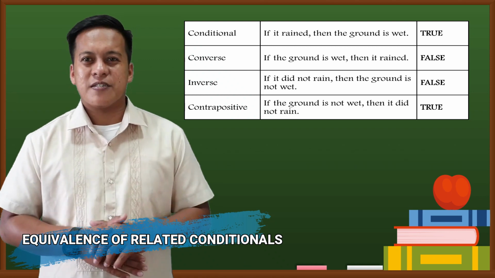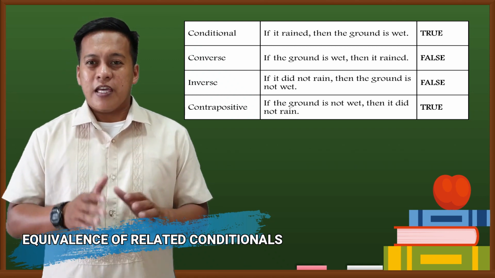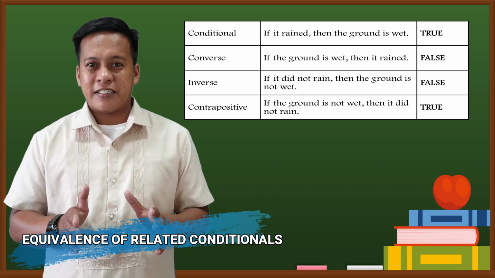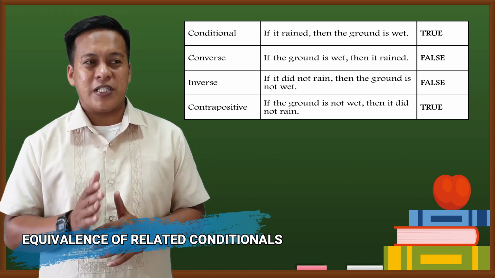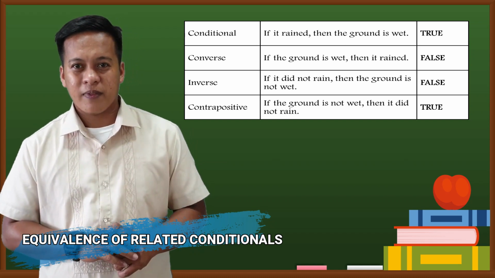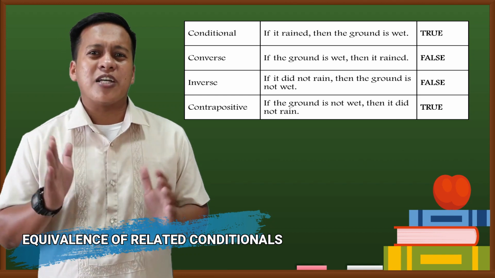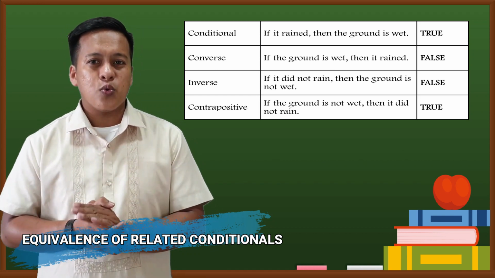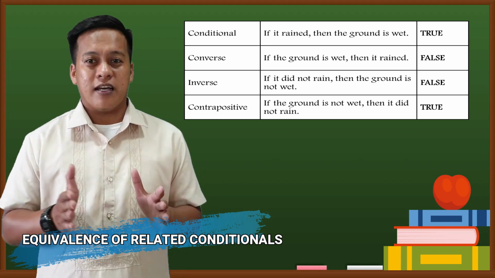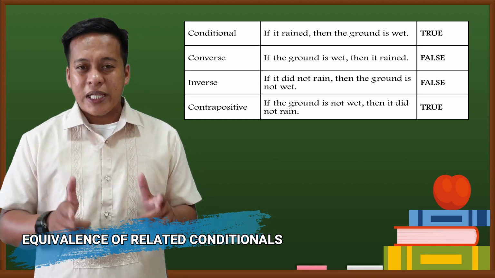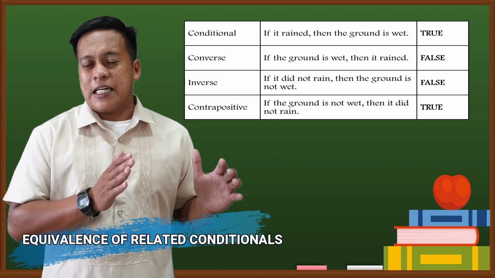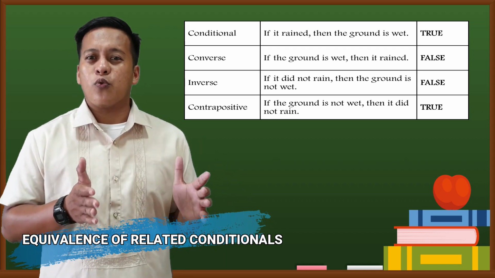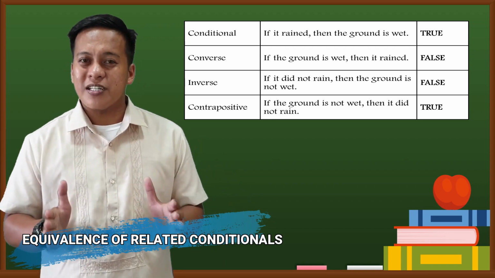For the inverse, if it did not rain, then the ground is not wet. Let us again assume that the hypothesis is true, which is, it did not rain. Will the conclusion, the ground is not wet, also be true in all circumstances?